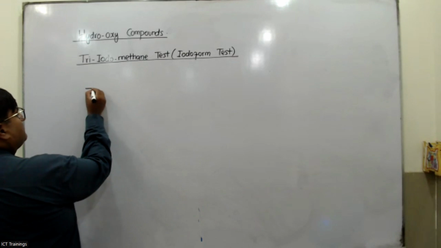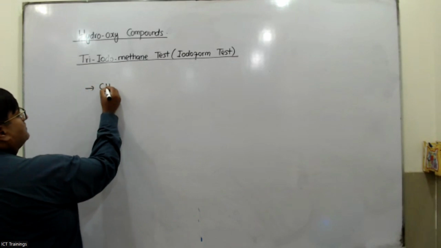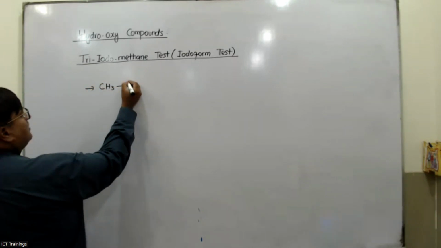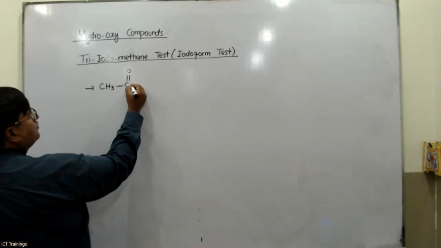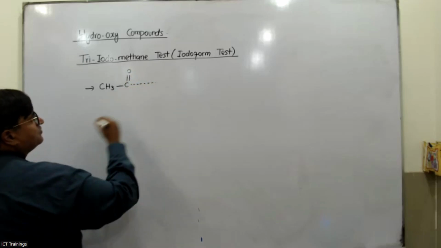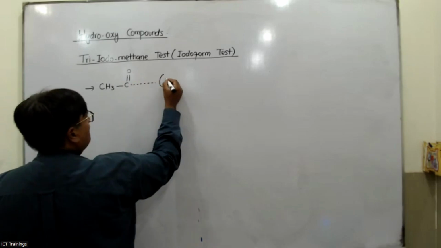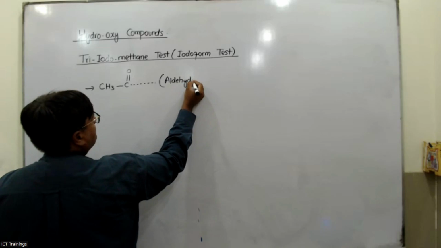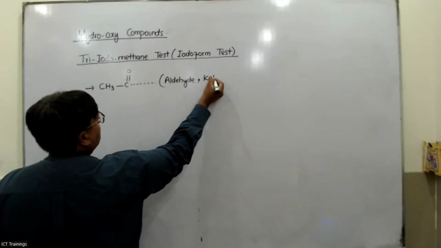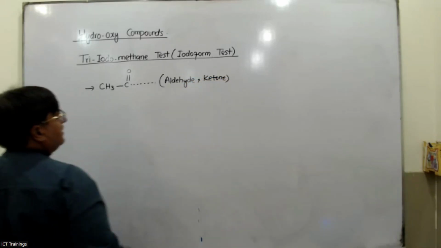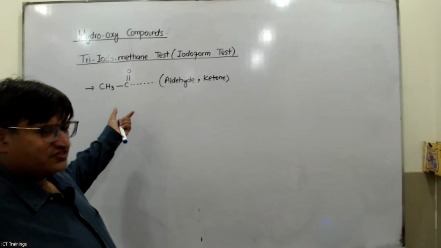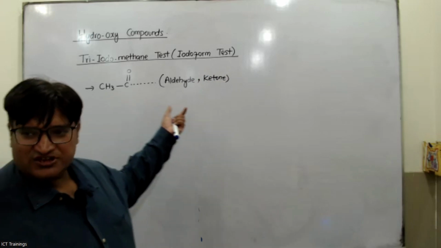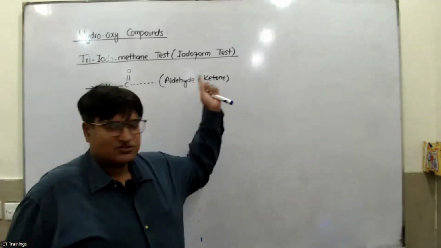Have a look up here. If you've got this group, CH3 and C double bond O, and the next chain is continuing, this group should be present only in aldehyde and ketone, nothing else. If this group is present in a carboxylic acid, this test can't be applied.